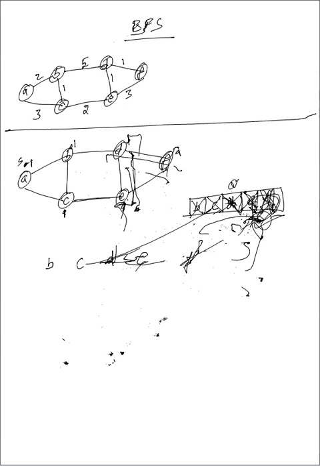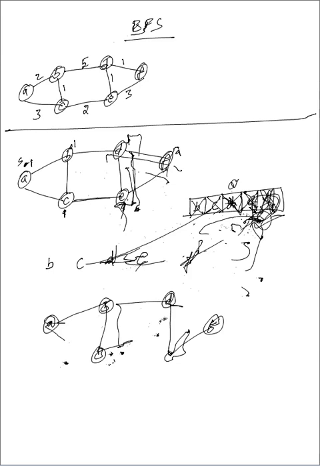That is how you have visited: starting from A, you went to B, then C, from C to D, then E, and the last one is F. In this way, you have traversed the given graph.